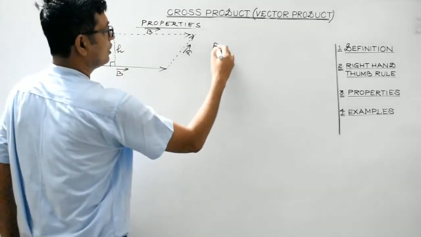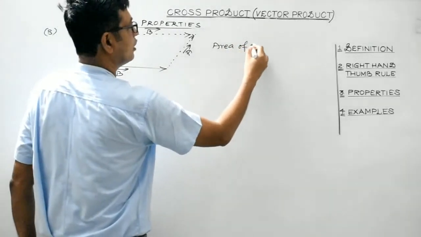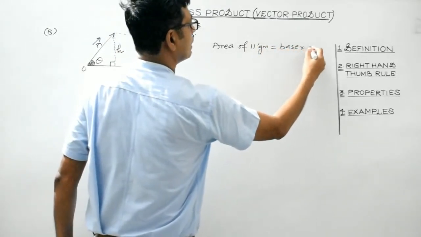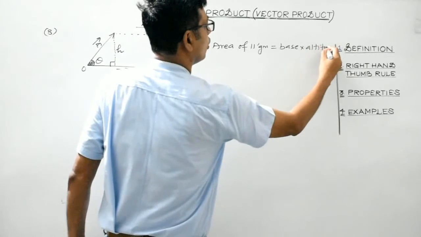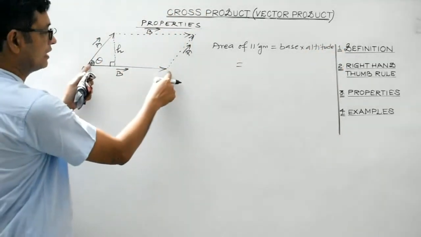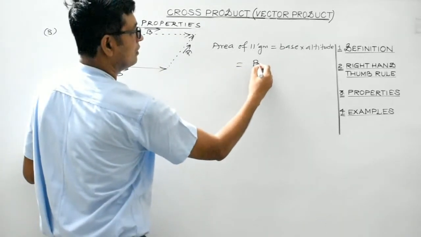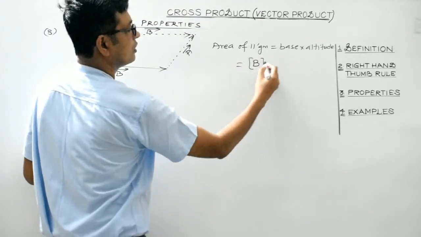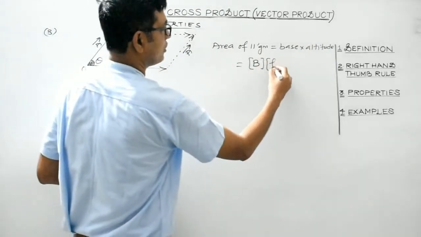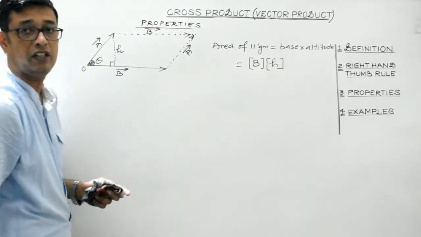So what about the area of the parallelogram? Area of parallelogram is base multiplied by altitude. So what is base? The magnitude of base is b. Right, students? What is the altitude? That is the height of the parallelogram. It is h. Clear?